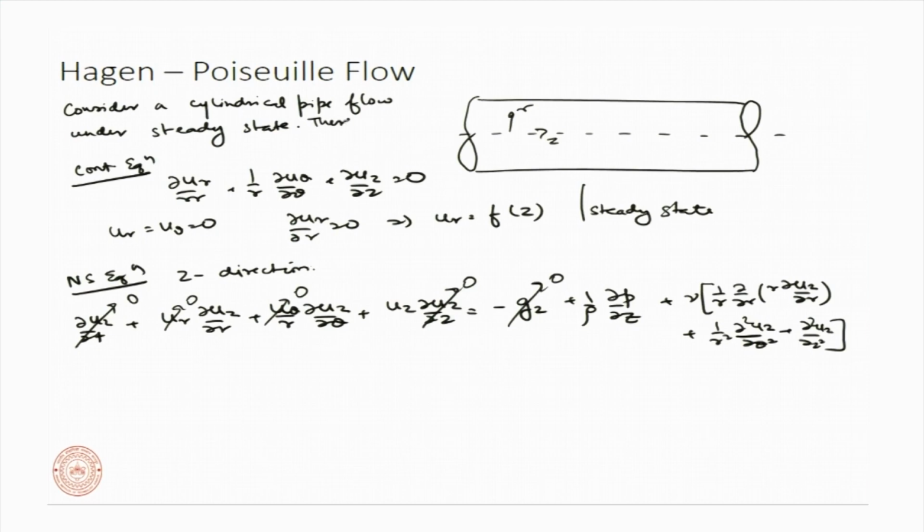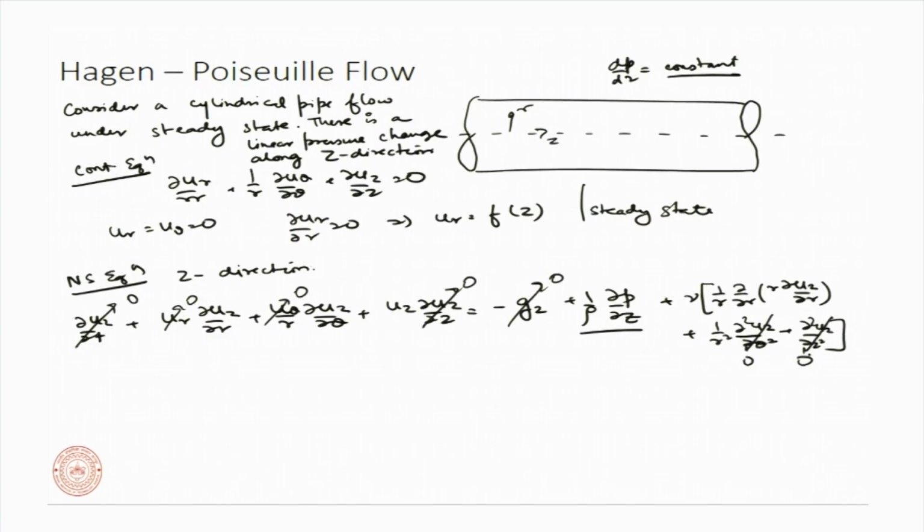Now, there is a linear pressure change along the z direction, which means that dp by dz is a constant. So, we will have this term. Again, from these, this term goes away, this term goes away, and we are only left with that. So, our equation stands as this is plus and this is minus.